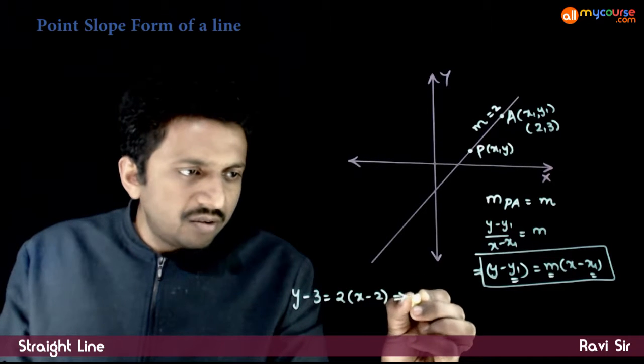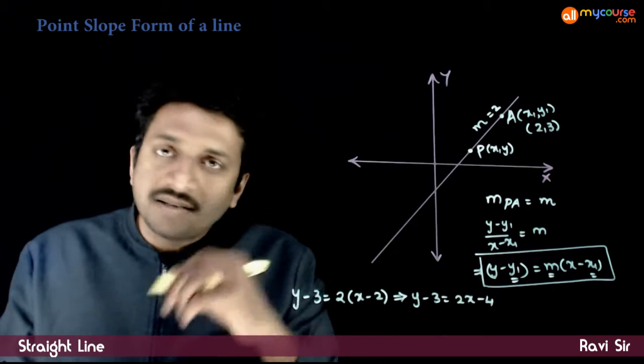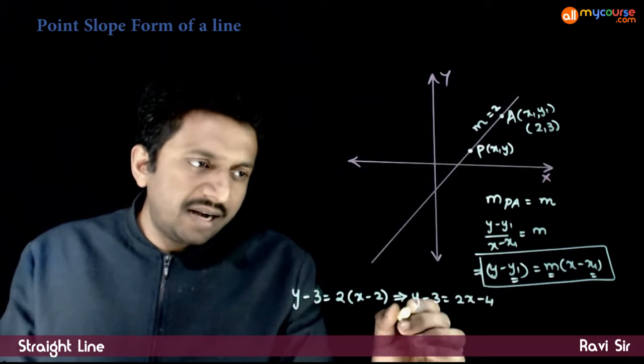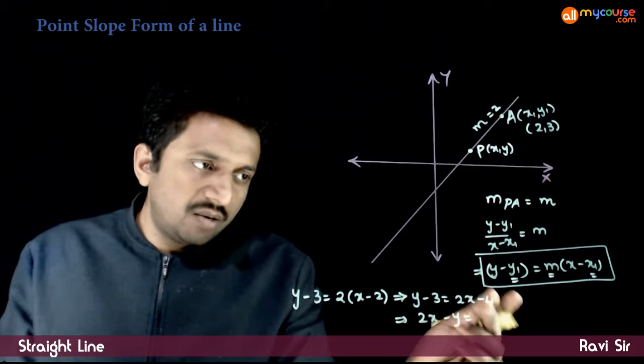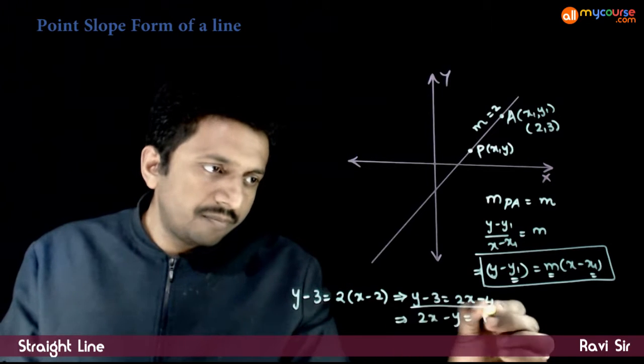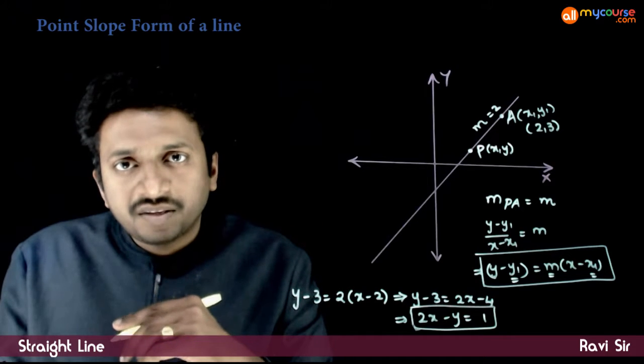So this implies y minus 3 is equal to 2x minus 4 on expanding the bracket. So this implies 2x minus y is equal to 4 minus 3, which is 1. So this will be the required equation.